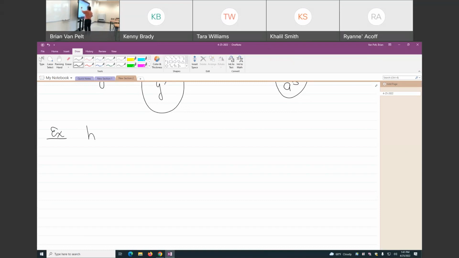Here we have h raised to the negative power divided by k. Let you guys give it a minute or two, see if it works out, and then I'll do it.